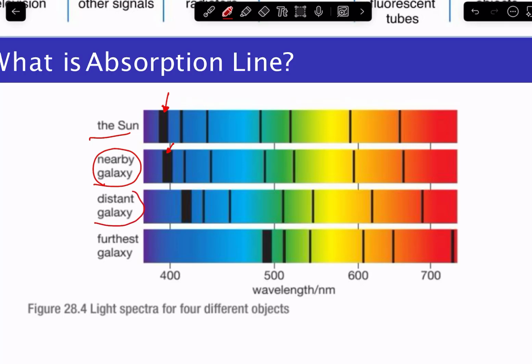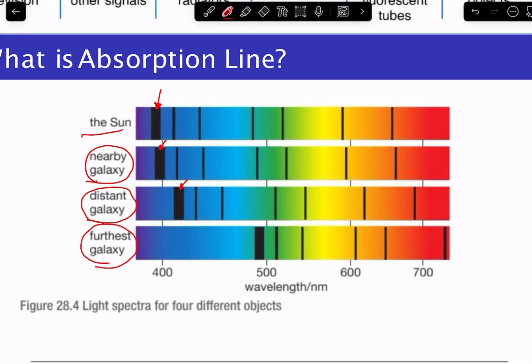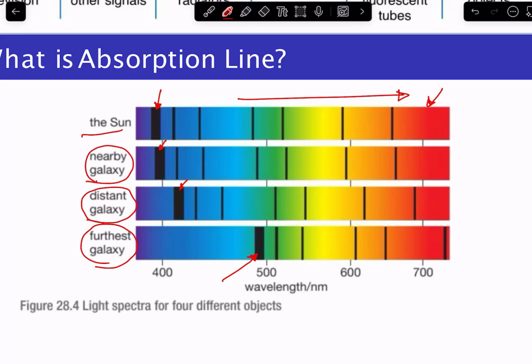If we see the spectrum of a galaxy a little bit more distant from the earth, we'll find that the absorption line has shifted more. For the farthest galaxy, we'll find that the same absorption line has shifted even more, and this shifting is happening towards the red part.